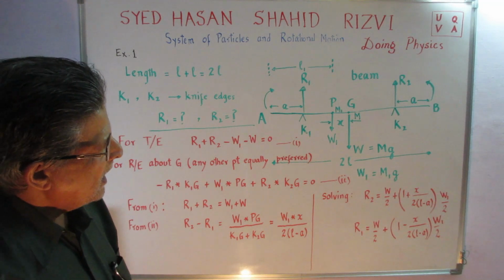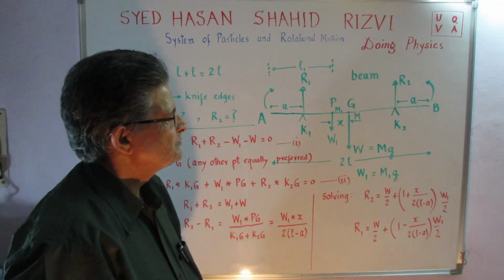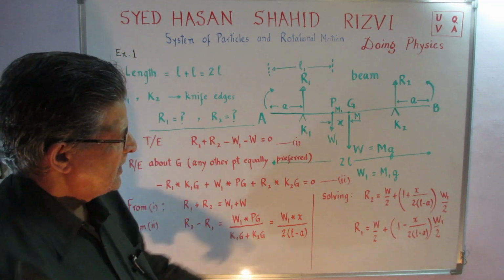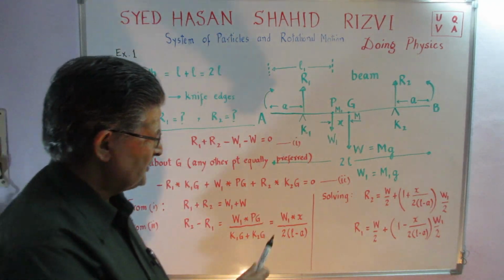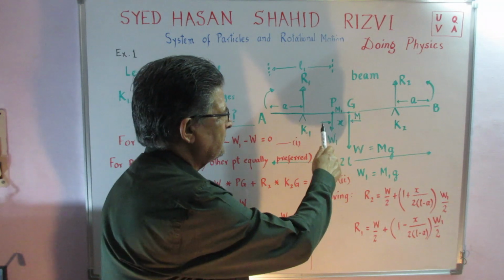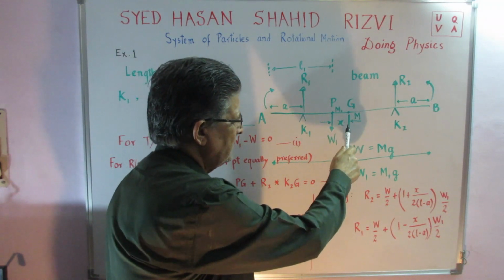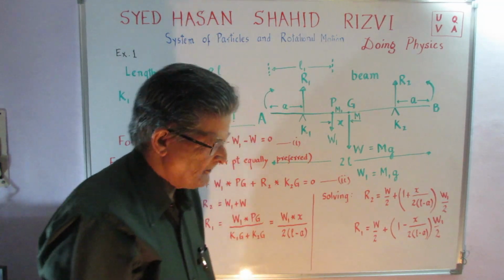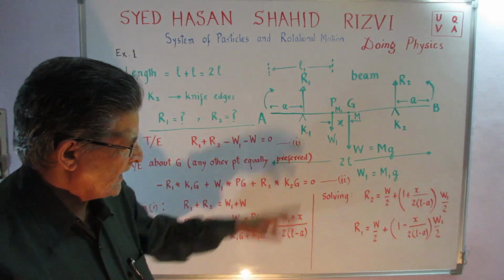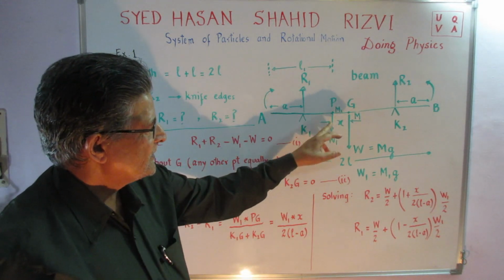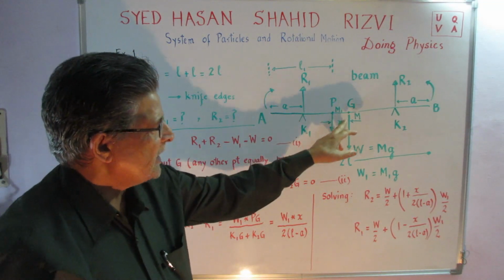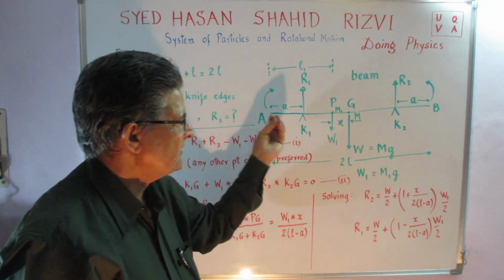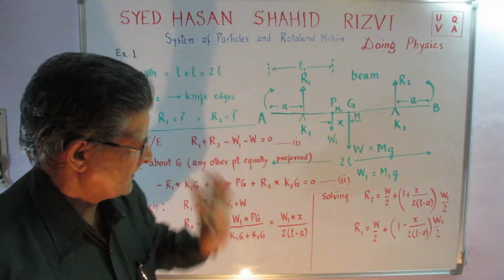Now I have a system in which there is a mass m1 which is separated from G by a distance x. I can have this positioned on the left hand side of G or on the right hand side of G, at any distance away from G, it doesn't matter.